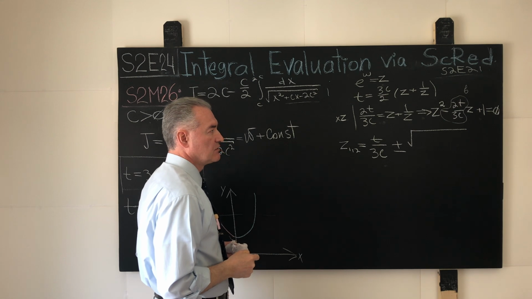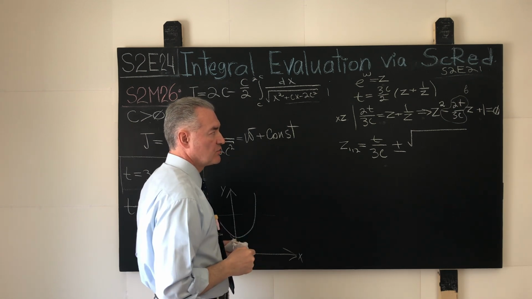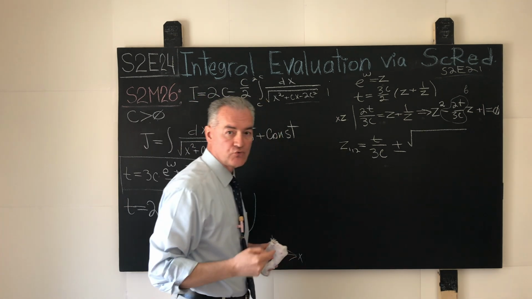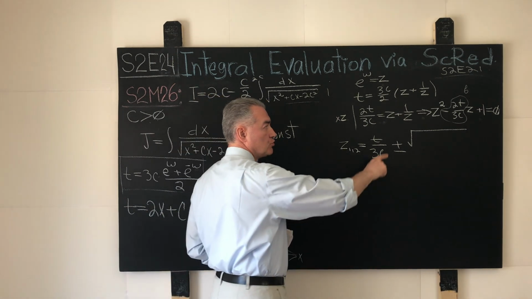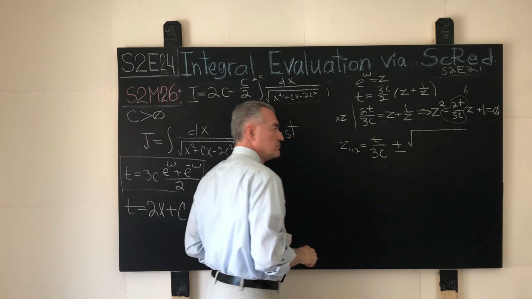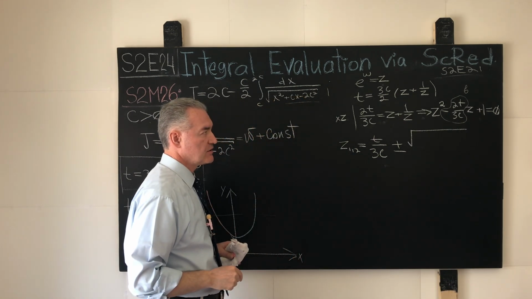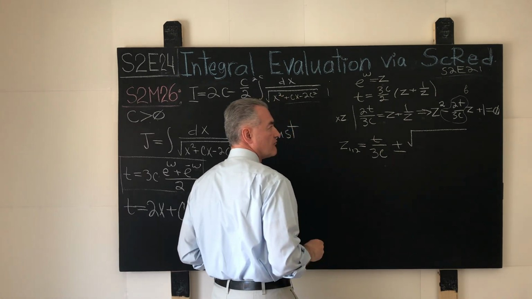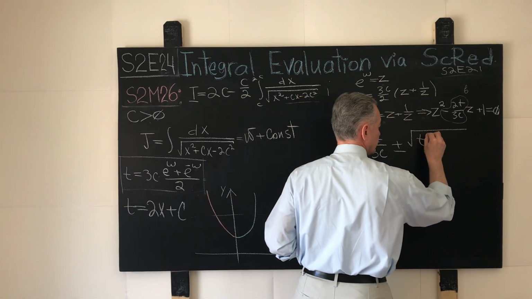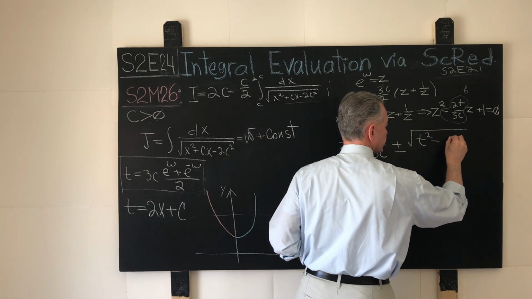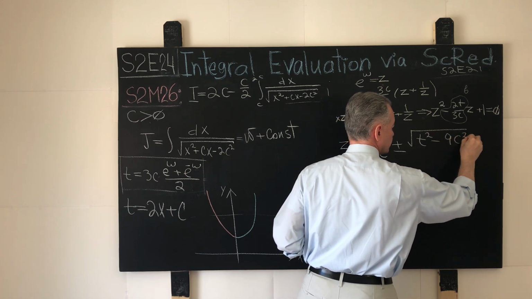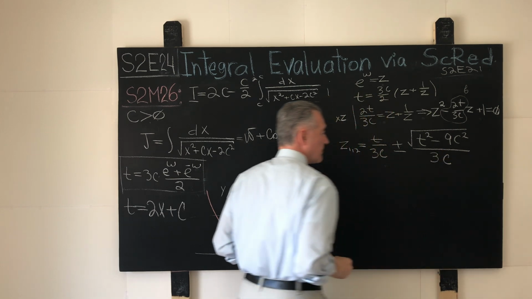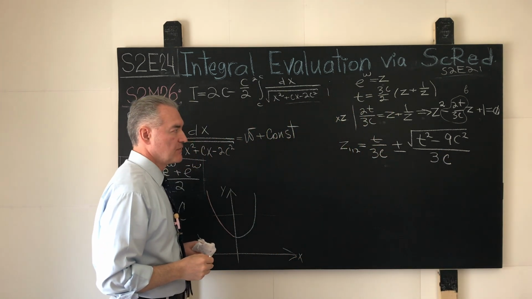Once we bring everything under one and the same denominator, carry 4 out, square root of 4 is 2, over 2a cancels out, and what do we have left under the square root sign over here? We will have t squared minus 9c squared over 3c. That is our answer.